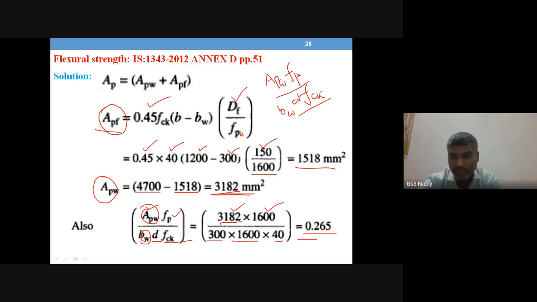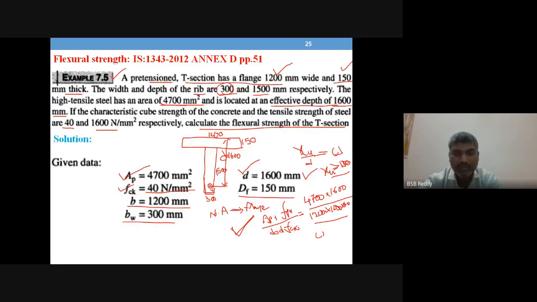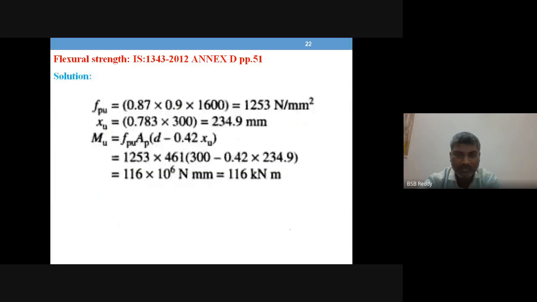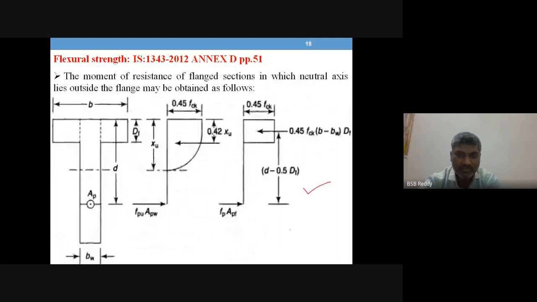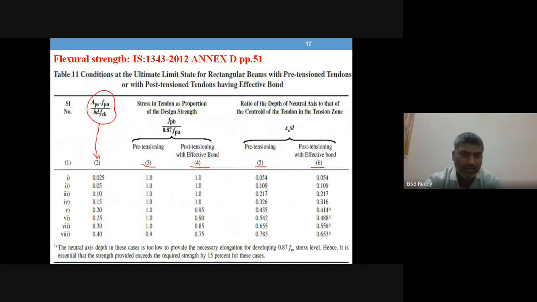Now go to table 11, 0.265. Okay, so 0.25, 0.3 is there, so 0.265 is close to 0.25, or else I told you to interpolate.